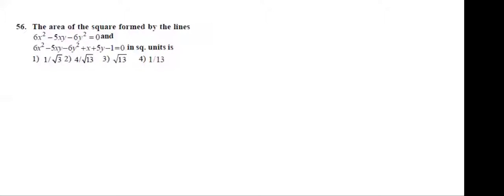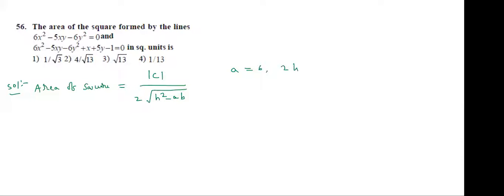Which option is correct? First option. Now, area of square. Square or parallelogram? Anyone? Both are quadrilaterals only. What is the formula? |c|/2 into the square root of (h² - ab). This is the shortcut formula here. By observing the pair of lines, identify that the a value is 6, 2h value is -5, h value is -5/2, b value is -6.